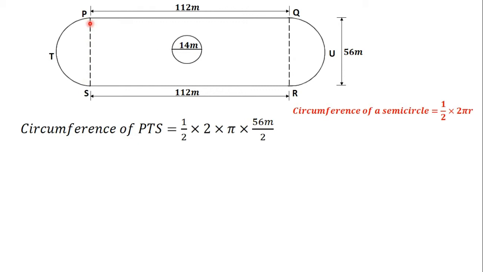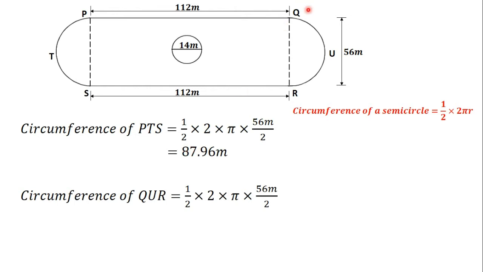So the radius is half of it, that is 56 meters divided by 2, since PS is 56 meters. So the circumference of PTS is equal to half times 2 times pi times 56 meters divided by 2. And this will give us 87.96 meters. The question said we should leave our answers in two decimal places.